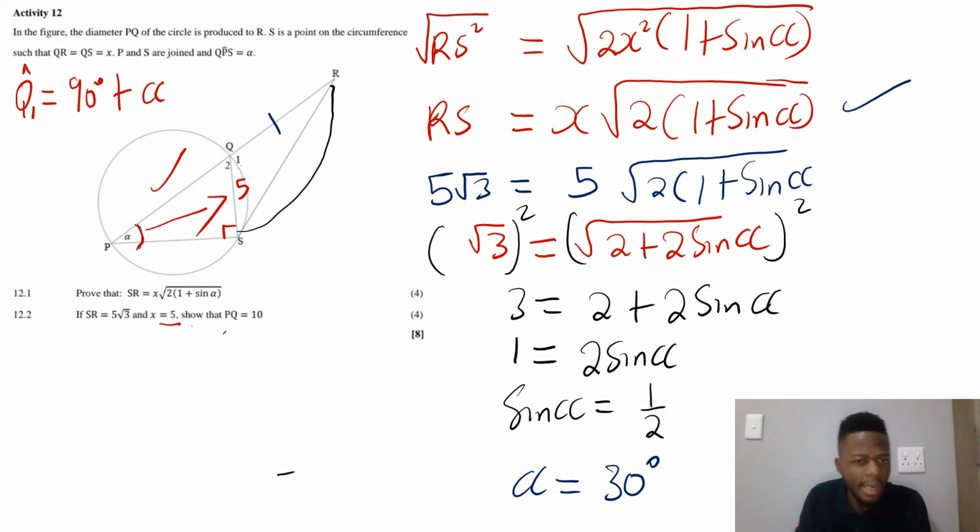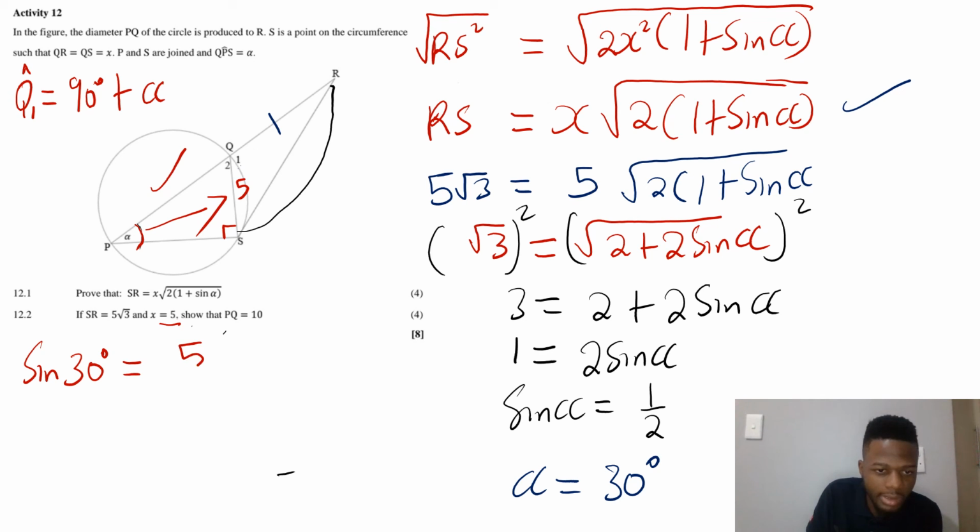So opposite and hypotenuse obviously is going to give us sine. So I'm going to write sine of angle alpha. Our alpha is 30 degrees. Sine 30 degrees is equal to opposite. Our opposite is 5 over, and our hypotenuse there is PQ. So we need to make PQ the subject of the formula, and then we'll be done. Don't forget this is like over 1, so you can simply take PQ to this side.